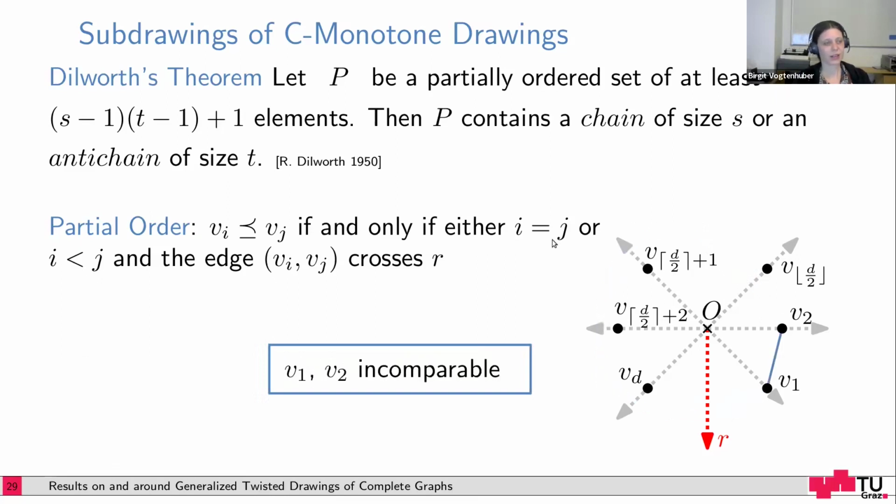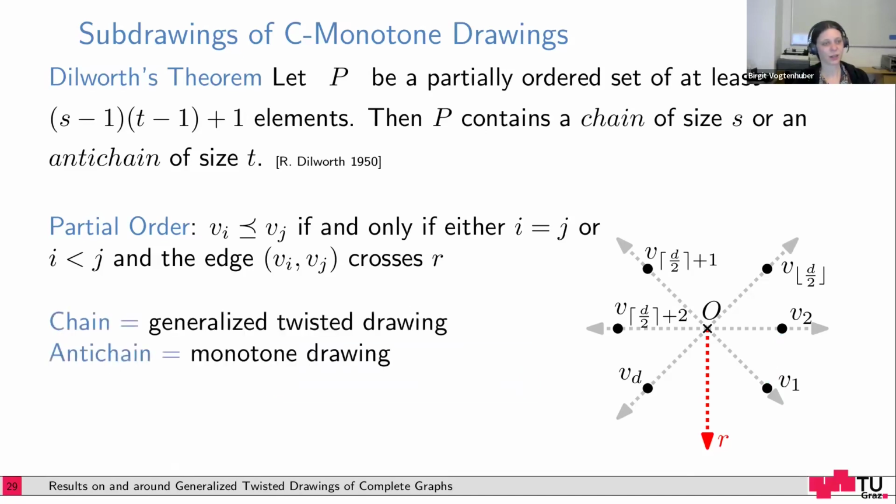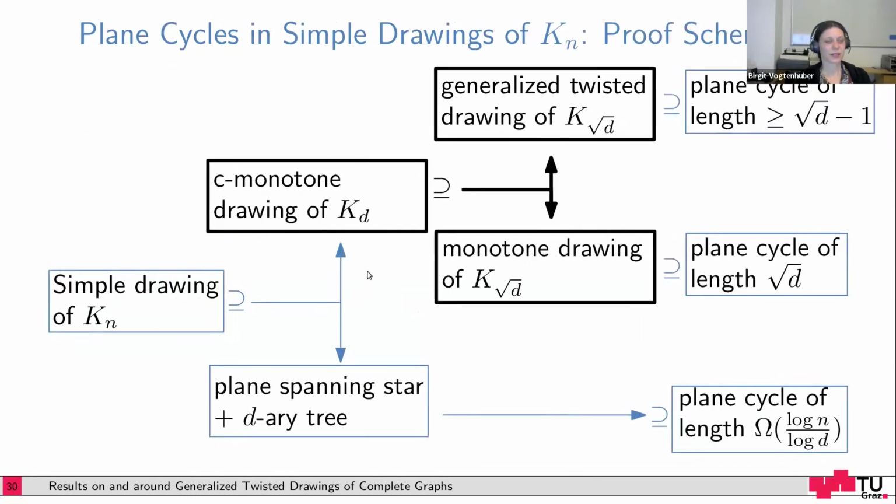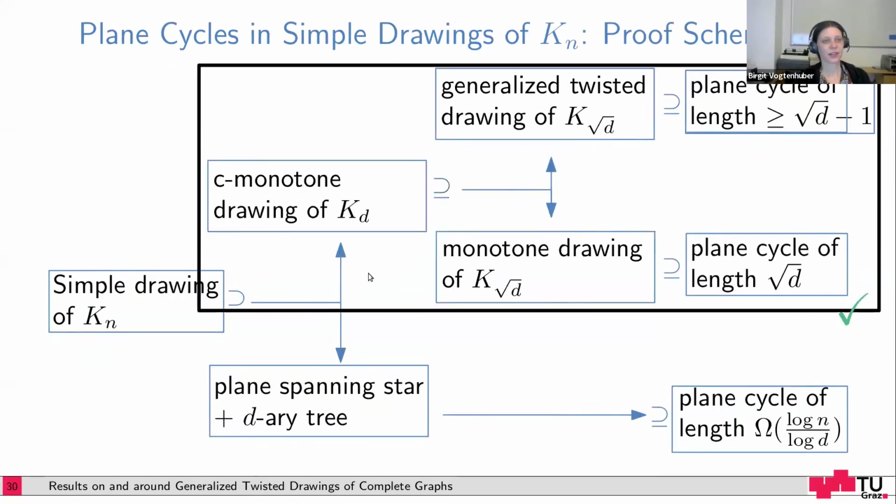And then if we take a chain or an anti-chain of the same size, then the chain gives us a generalized twisted drawing, and the anti-chain gives us a monotone drawing, and setting s equal t, we get the square root of n. So that's this part.